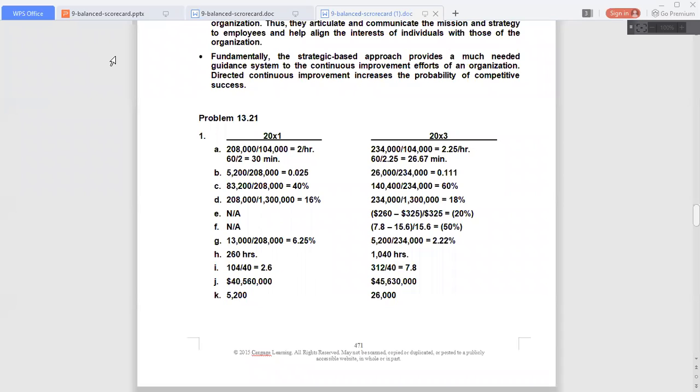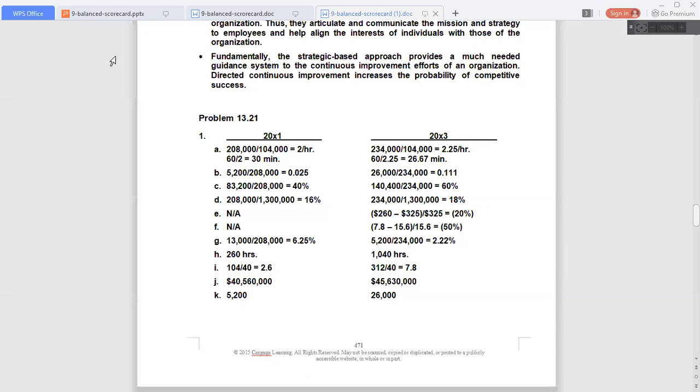Now for the last requirement, number of new customers. So for the new customers, you are given 5,226,000. Requirement 2, for the measures listed in requirement 1, list likely strategic objectives classified according to the 4 balanced scorecard perspectives.